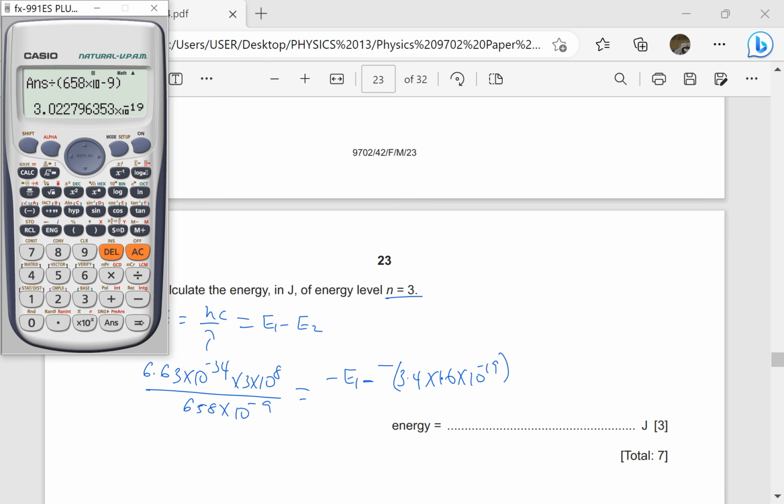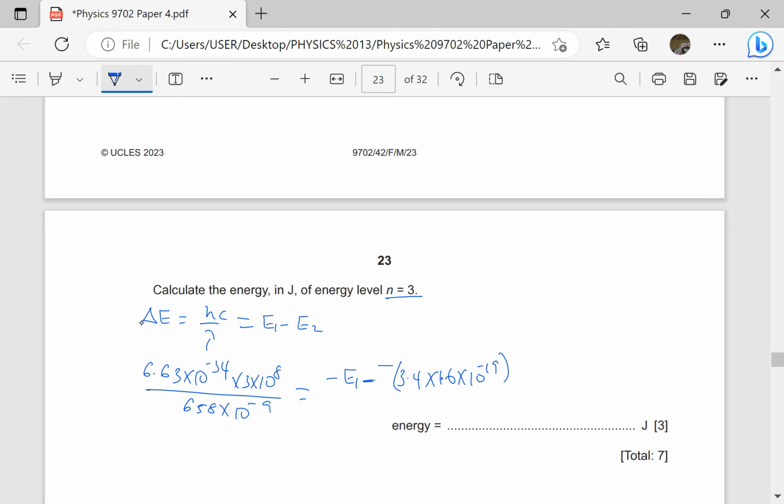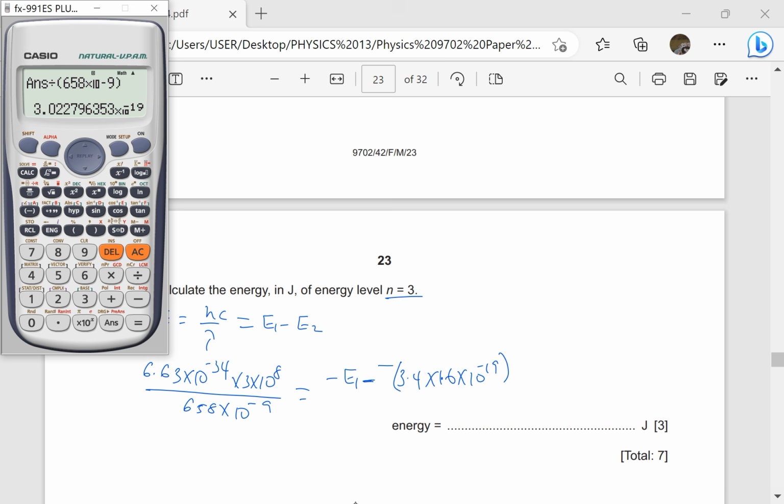Then I will take this to the other side because it is minus minus. It was a plus, again it becomes minus.